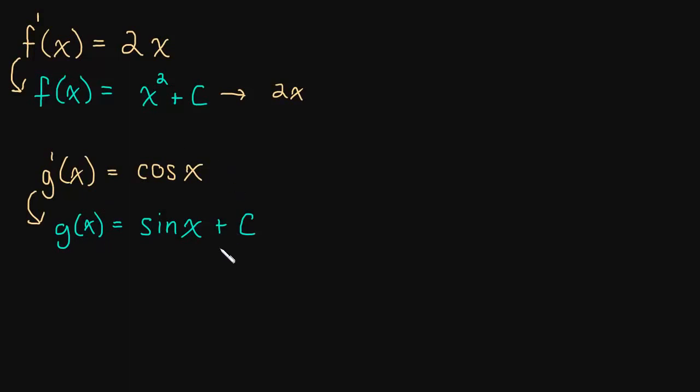So this is the process of undoing a derivative, or finding an antiderivative, and there's specific notation we can use. The notation we would use is the antiderivative, or the indefinite integral, which is a different name for this, of 2x is equal to x squared plus c.